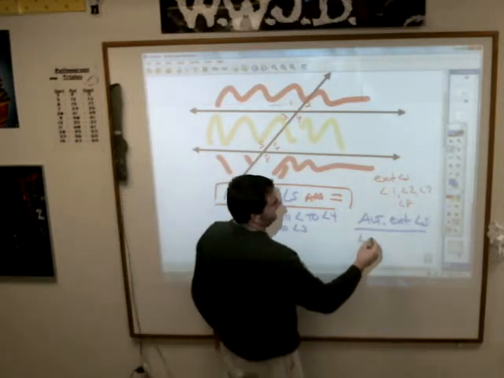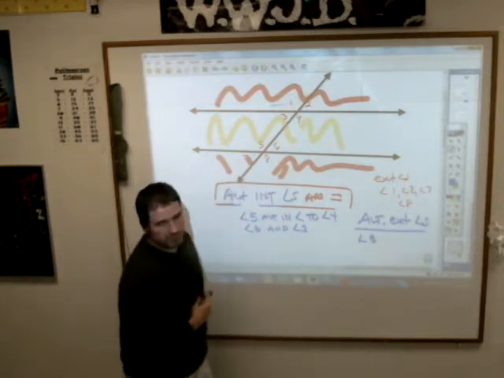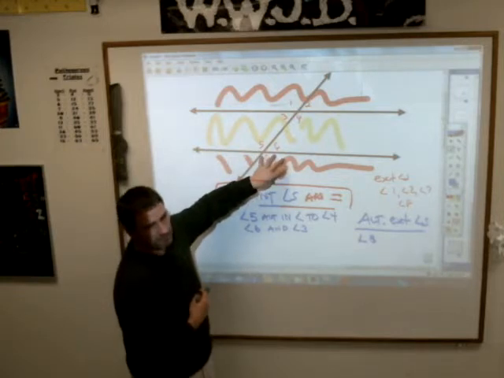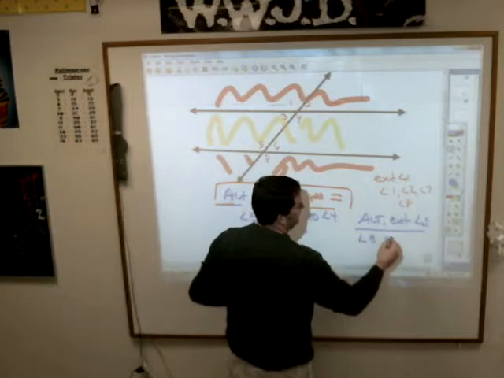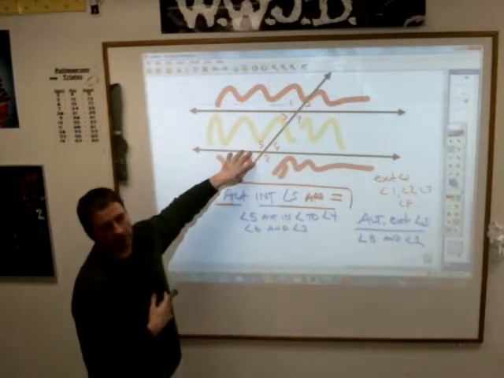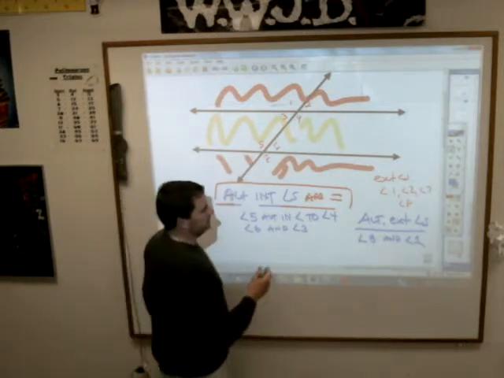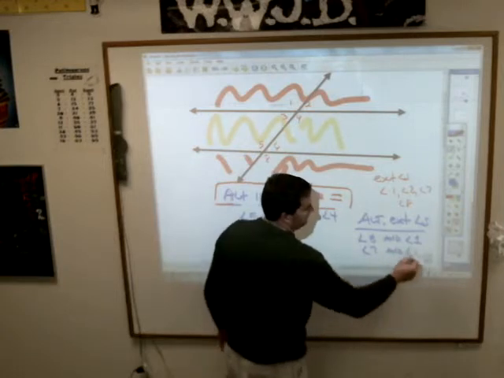So angle 8 is alternate exterior angle to angle what? Angle 1, on the opposite side. Angle 7 is an alternate exterior angle to angle 2. And those are the only two alternate exterior angle pairs.